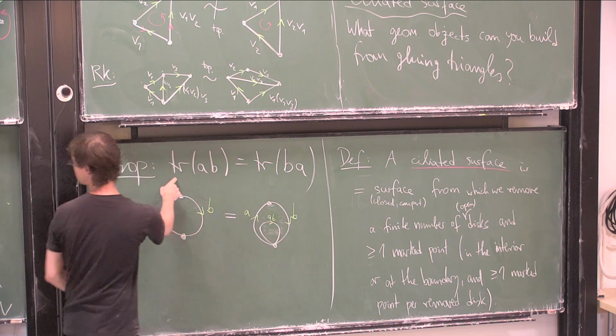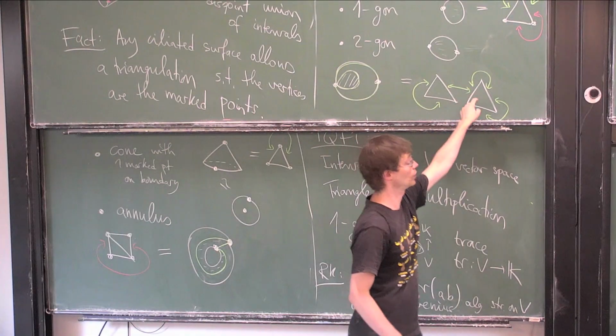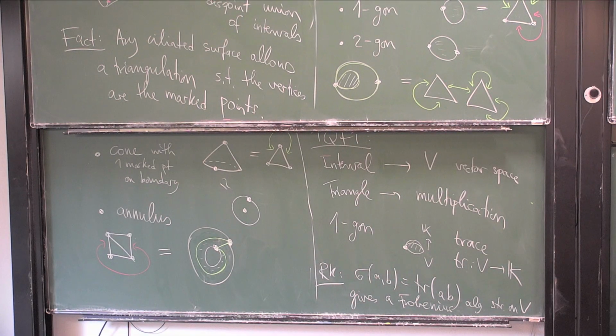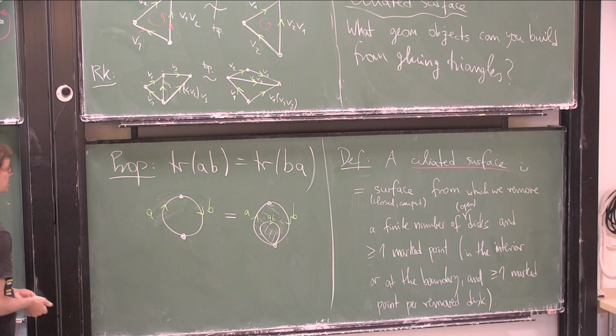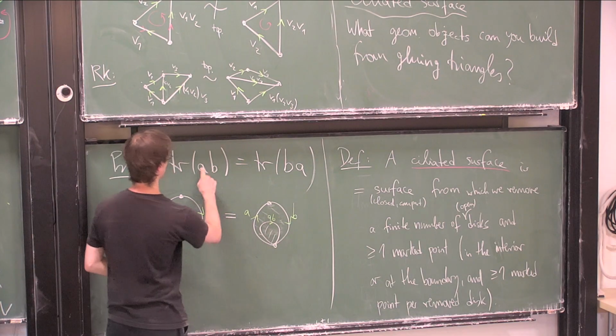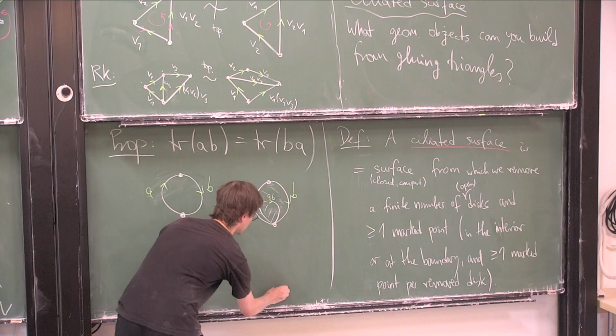And then the trace is gluing in, it's exactly this picture, a one-gon. So I start first from this triangle, and then I glue in this one-gon next to it. So what I have to prove is that this picture is the same as if I turn things around.